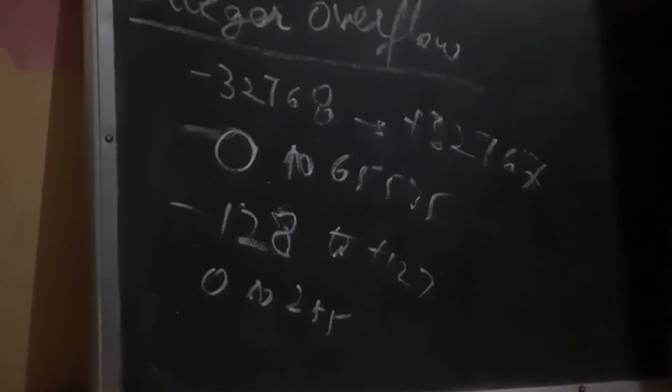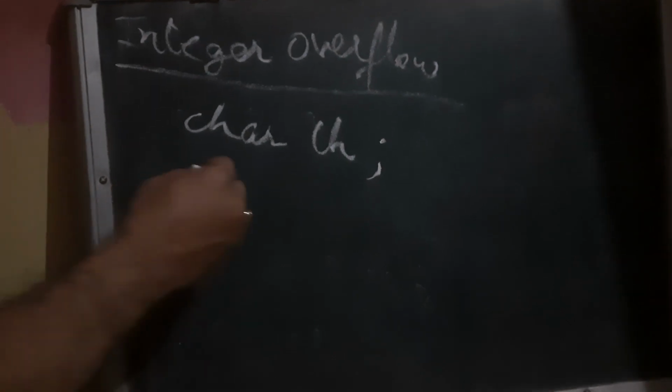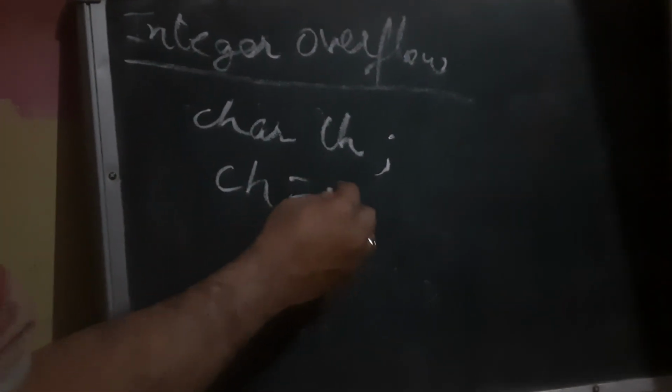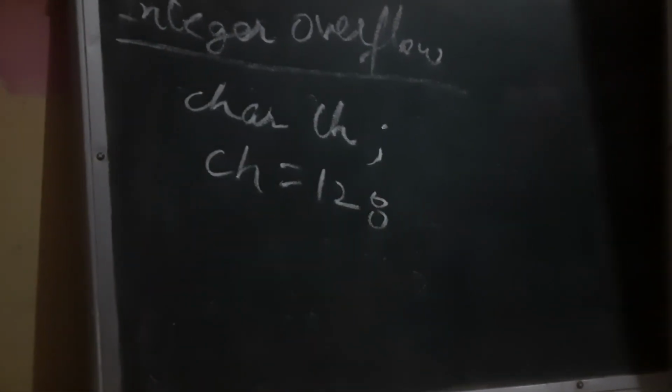Okay, now let us say that I give a declaration like char ch, where ch is a character variable in C, and I assign the value ch equals 128. What will be stored in ch?